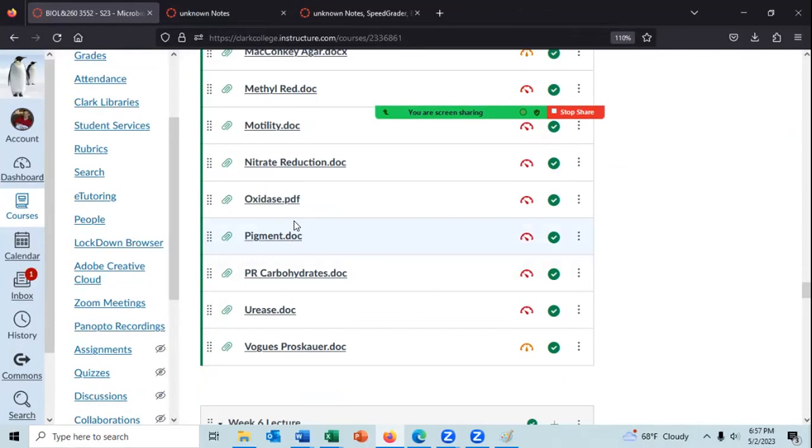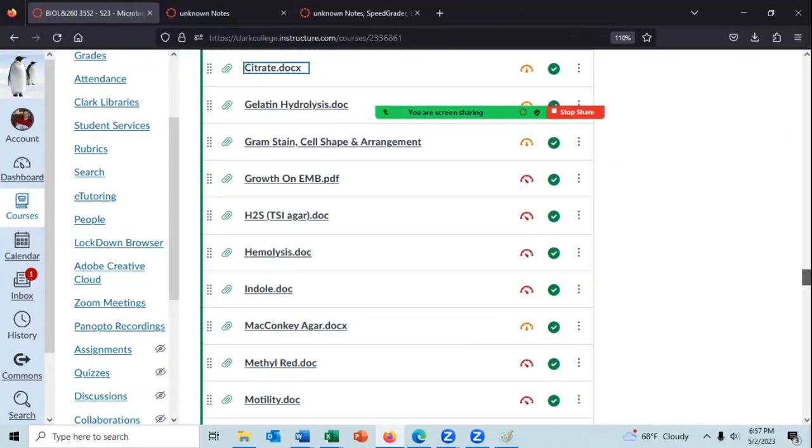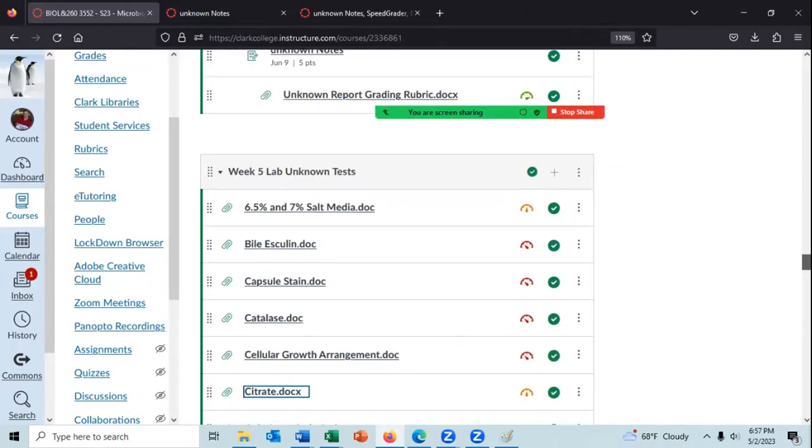Pigmentation. These take 1 day. Most of them take 2 days, and the MR test takes 5 days. I don't remember any that take longer than 5 days, but are more than 2 days. There might be one in there, but I don't remember. Most of them take 2 days.